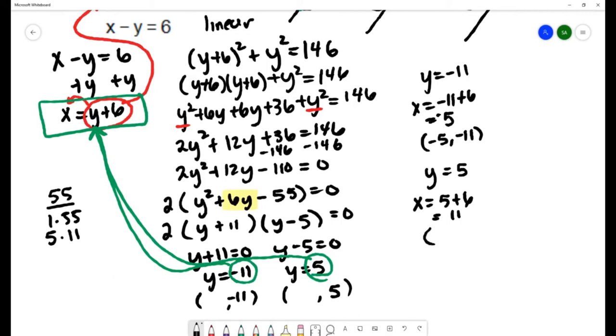And our other solution is 5, 11. No, I got that backwards. Sorry about that. The x coordinate is 11 and the y coordinate is 5. So those are our two solutions, negative 5, negative 11, and 11, 5.